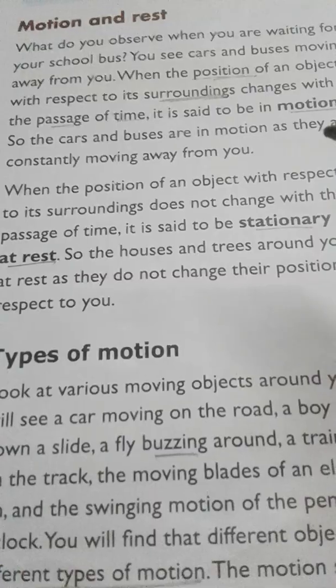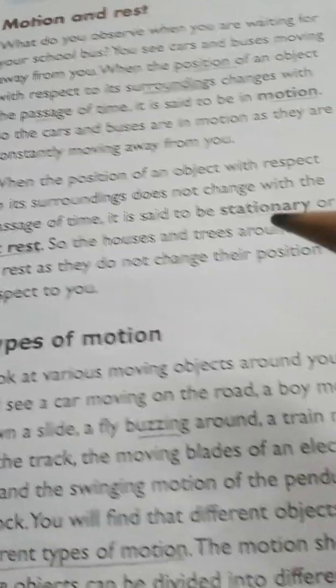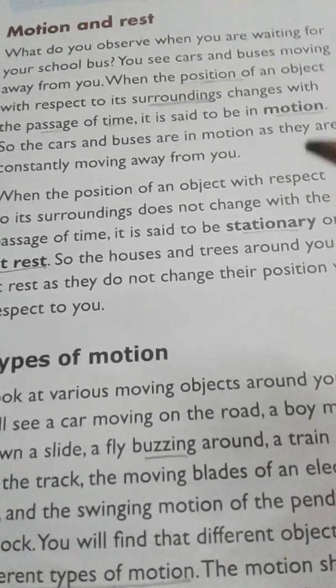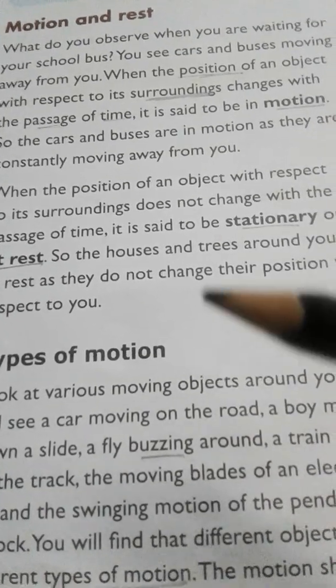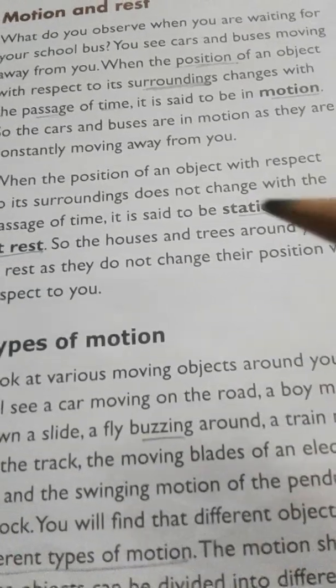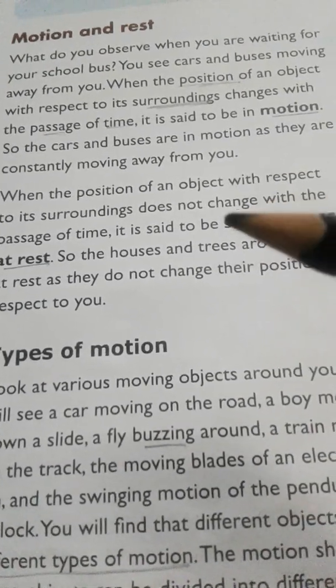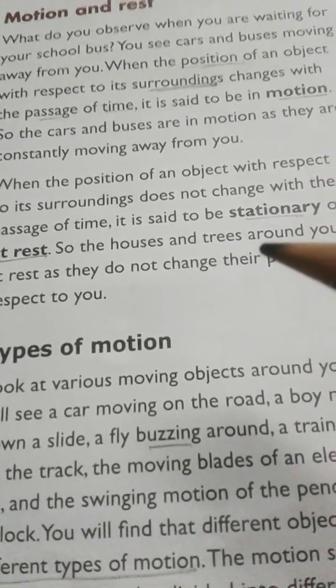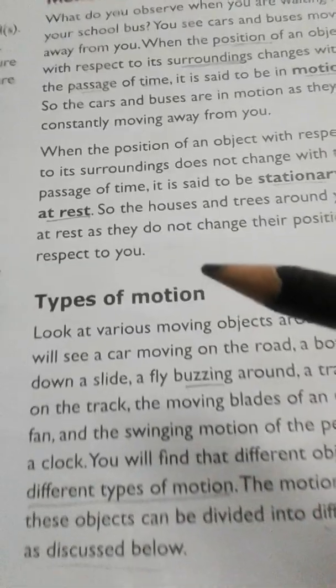So here, you got what is motion and what is stationary. When the object moves with respect to its surroundings, it is motion, and when the object does not change its position with respect to the surroundings, it is stationary or at rest.